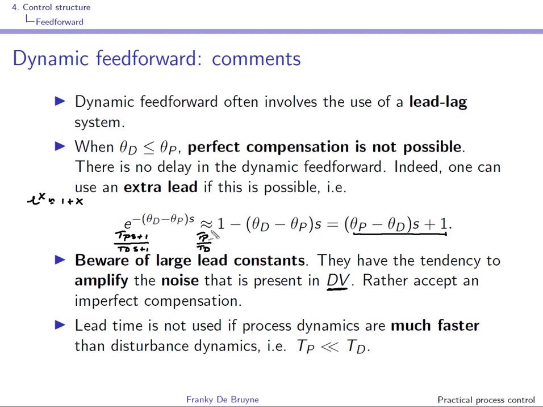So you have to kind of then accept imperfect compensation, because otherwise the DV is amplified too much. If the lead is small, it means that the process time constant is much smaller than the time constant of the disturbance dynamics, right? Well, then the lead is very small. Then what you can do is simply approximate this by just a lag time constant 1 over TdS plus 1.